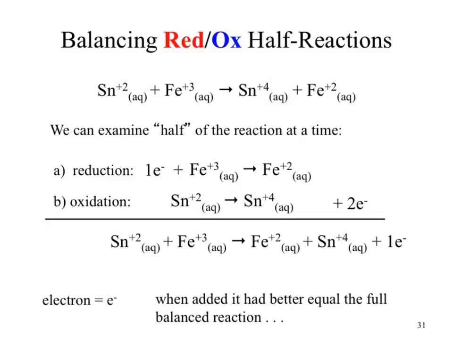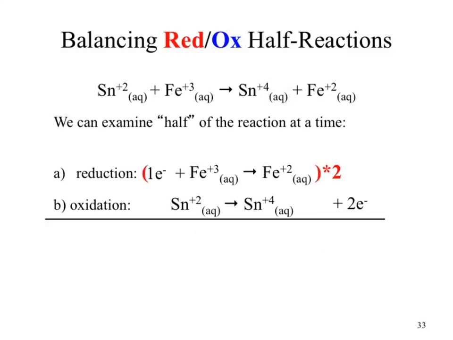So how can I get that 1 electron to become 2? Put a 2 in front of it. I multiply by 2, but I can't just change the number of electrons, because then is that equation balanced? No, I have to balance the whole equation by 2. So if I multiply the 1 electron by 2, I have to multiply the Fe3+ by 2 and the Fe2+ by 2.